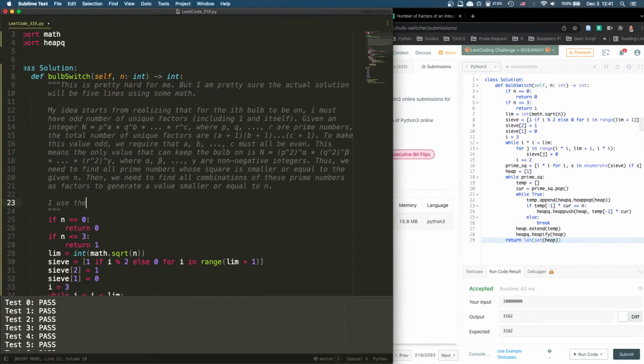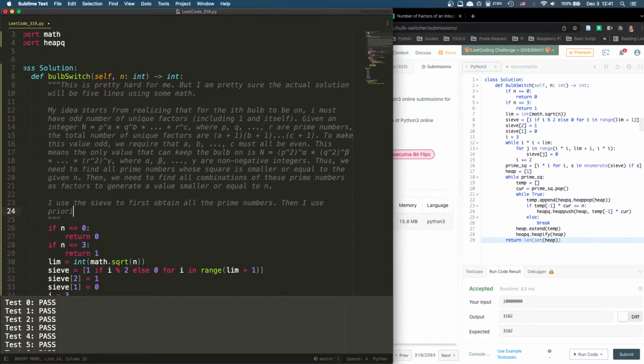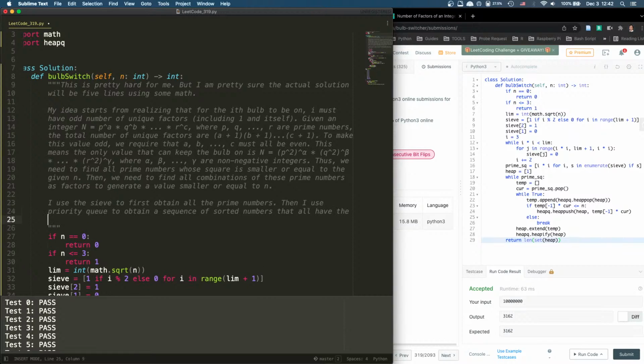I use the sieve to first obtain all the prime numbers. Then I use a priority queue to obtain a sequence of sorted numbers that all have the given prime factors.